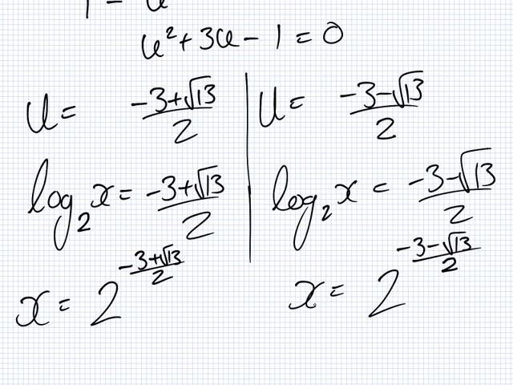Let me just double check it: 2 to the power minus 3 plus root 13 over 2 is roughly 1.23, and then the second one is roughly 0.101. Are both answers acceptable? Yeah, because they're both positive.